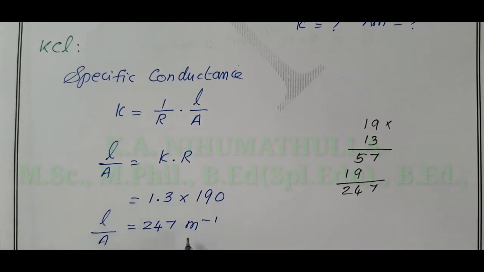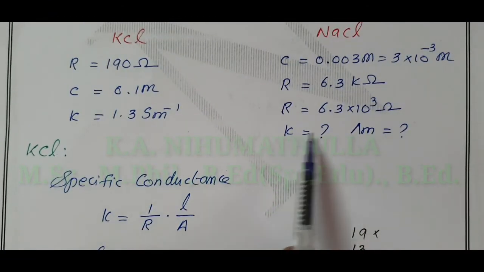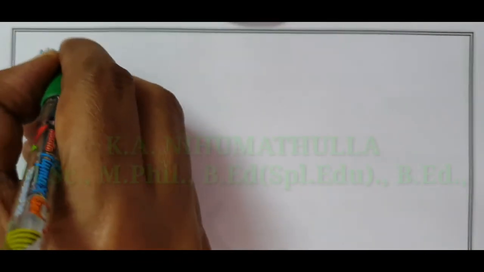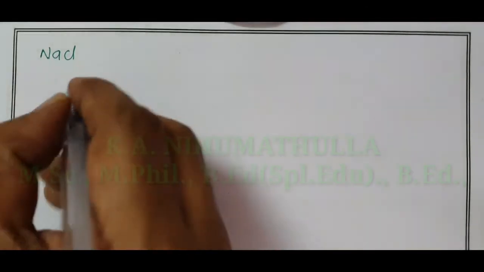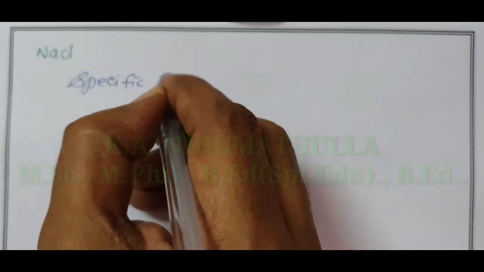Using this L by A, we can calculate the specific conductance and molar conductance of the NaCl solution. So for our sodium chloride solution, now we are going to calculate the specific conductance. First, the kappa value. We know the formula.